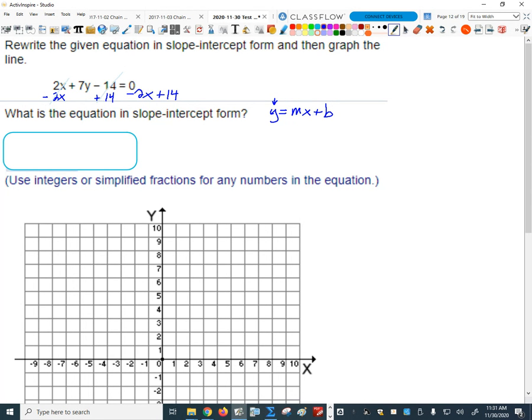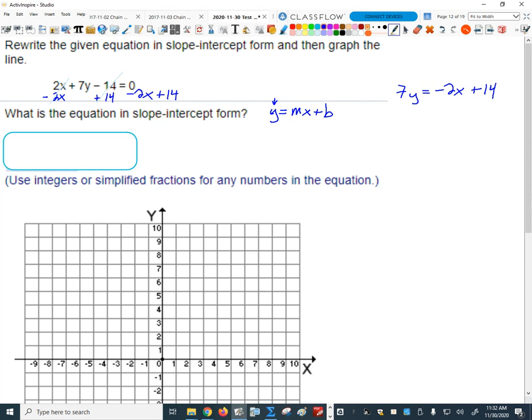Then we end up with, after that step, our 7y on the left. And on the right, we've got negative 2x plus 14. Alara, what's next to get that y by itself? Divide by 7. Okay, good.